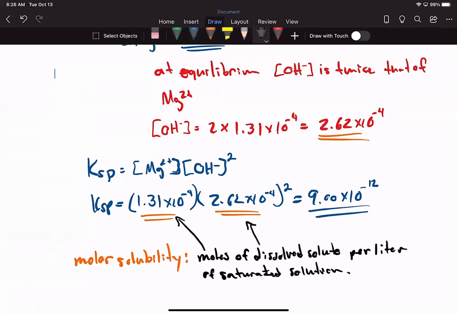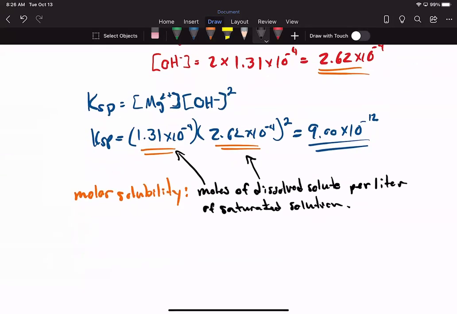And it's still a concentration, right? A molar solubility is moles over liters. This is molarity. And when we talk about molarity, we're talking about aqueous solution, something that's liquid.